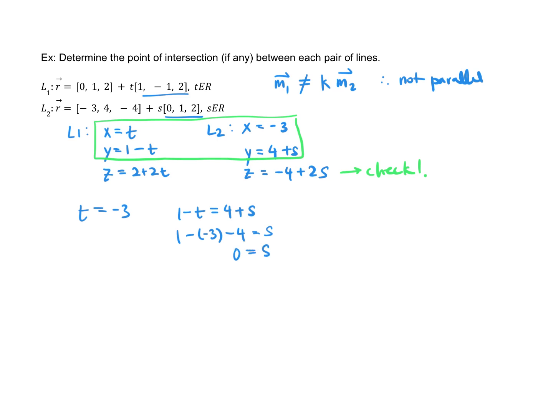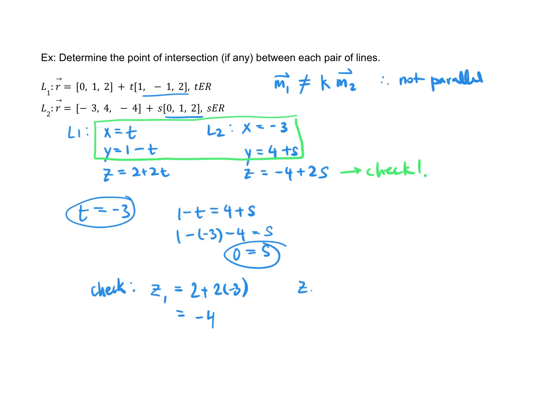And now I can either sub these into the individual lines to see if they match, or because I know these work on x and y, I can just check the z components. So that's what I'm going to do. So I'm going to put z1, 2 plus 2 times negative 3, that's 2 minus 6 is negative 4.